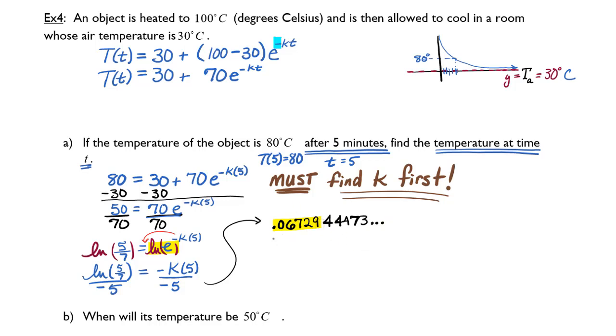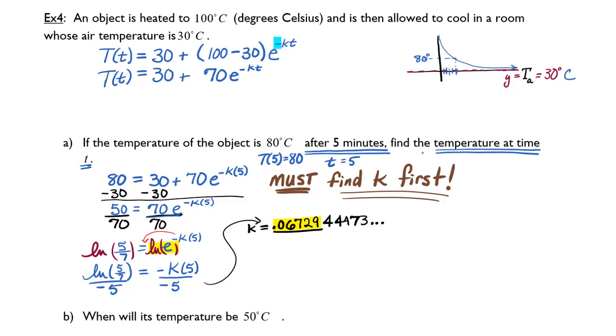So I will let k equal 0.06729. And if you want, you could even leave it in your calculator for the whole problem until the very end. Just store it in letter K or something like that.